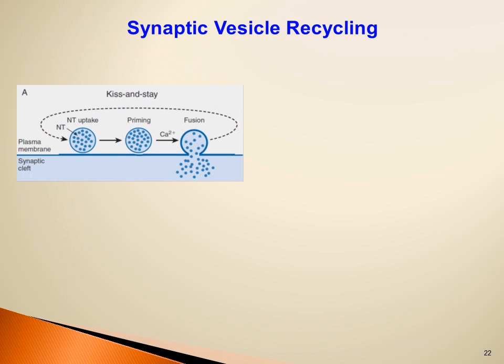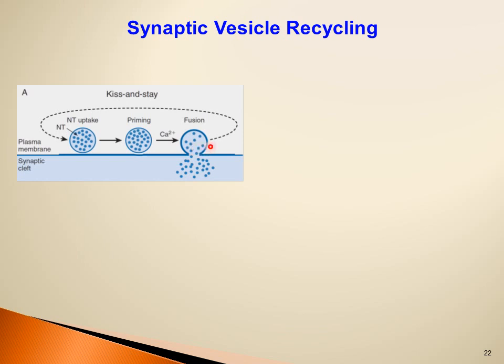The synaptic vesicles, after releasing their content of acetylcholine during the process of exocytosis, are recycled. There are three different ways of recycling the empty synaptic vesicles. One of them is called the kiss and stay mechanism, where the synaptic vesicles empty their content of acetylcholine into the synaptic cleft.